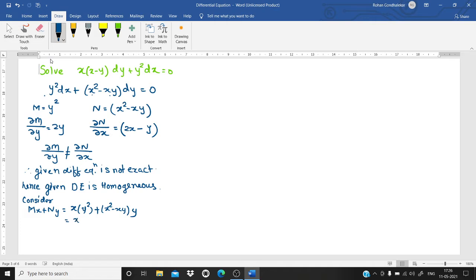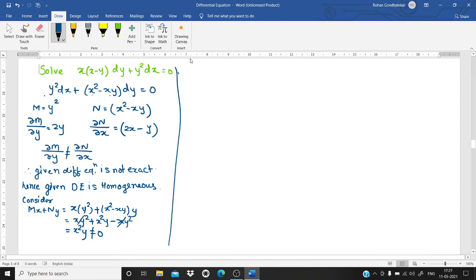Which gives me xy square plus x square y minus xy square. So plus xy square minus xy square gets cancelled, and we get x square into y. Is it non-zero? Yes, it is non-zero. So the given differential equation is homogeneous and Mx plus Ny is not equal to 0.